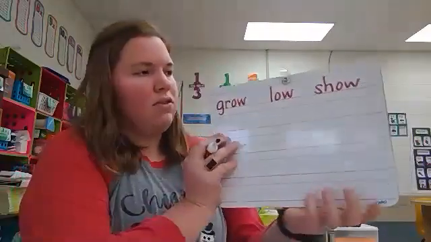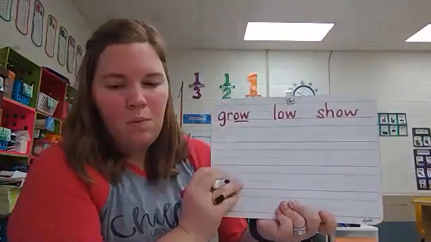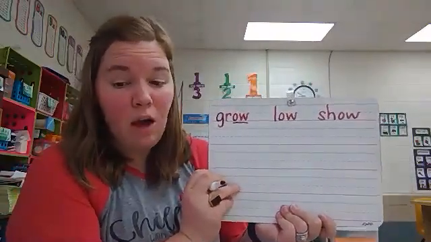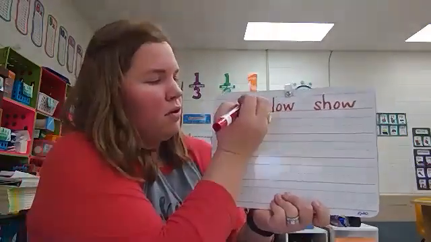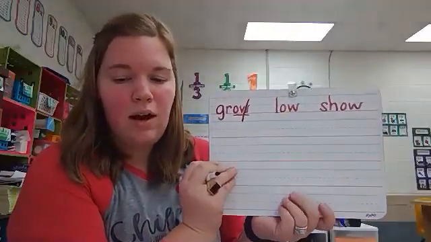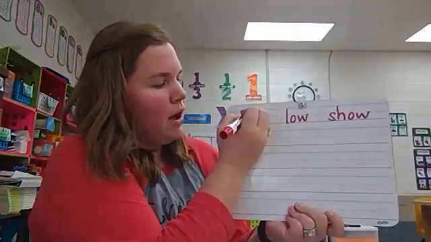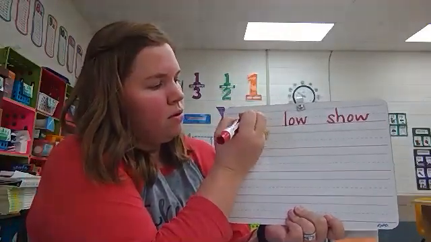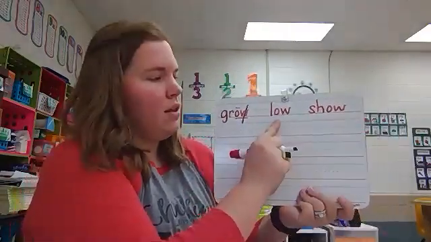All right, so let's start coding these words. We have digraph OW, and the letter W is silent in this digraph. So we cross it out. And the sound that we hear is the long sound of O, so we'll put a macron above the O. Okay, let's look at the next word.